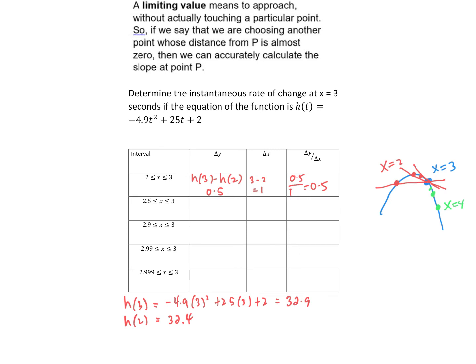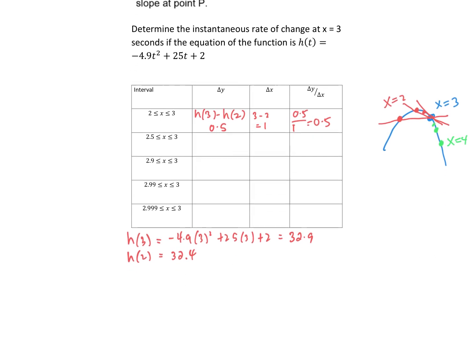Then I'm going to bring that point a little bit closer. So I'm going to find the value of the function at 2.5, and that works out to be 33.875. Then I'm going to do h of 3 minus h of 2.5. So I'm doing 32.9 subtract 33.875.